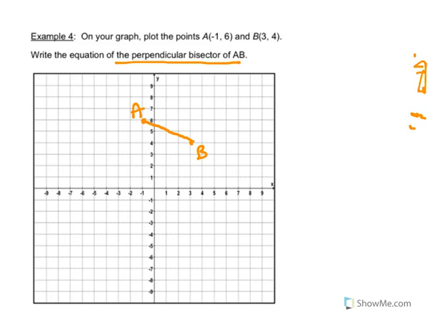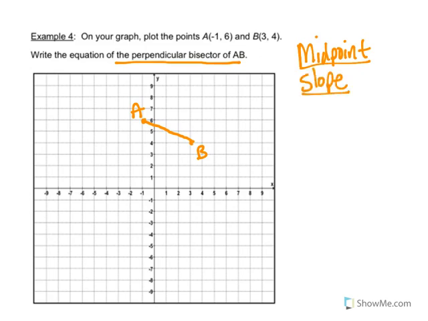If we want to get the equation of the perpendicular bisector, we'd need a couple of things. One thing is we would need to know the midpoint, because the bisector is going to be in the very middle of the line segment. And then we would also need to know the slope of the bisector.